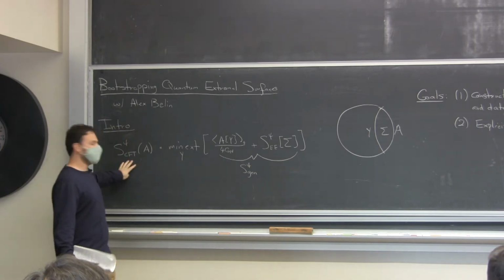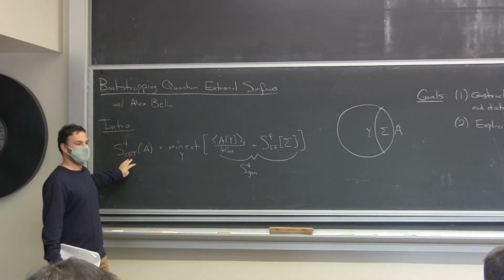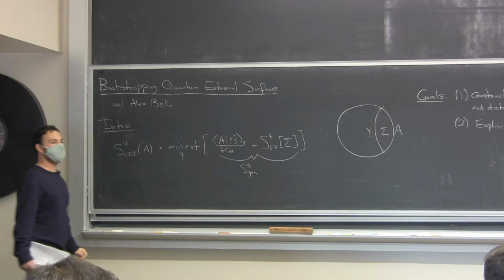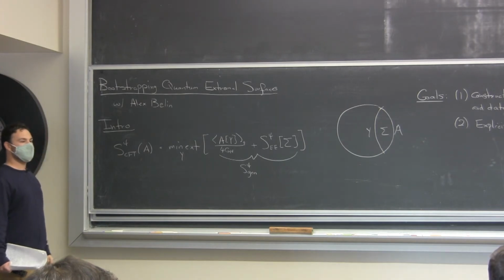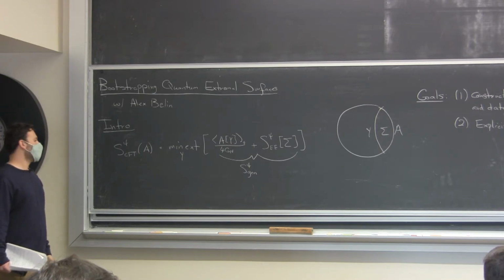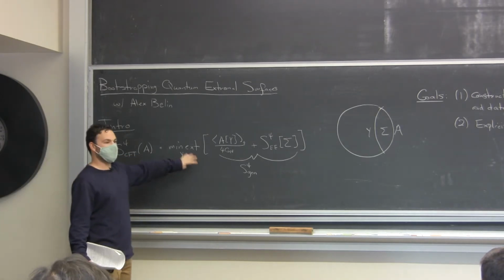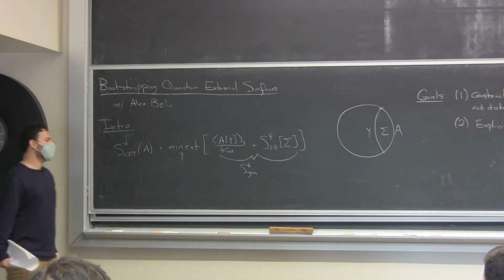But I haven't actually seen anyone match it to the CFT answer. So in any situation where the area of the quantum extremal surface is affected by the presence of matter entropy. Exactly. When you're no longer just considering the classical extremal surface, but really the quantum extremal surface.